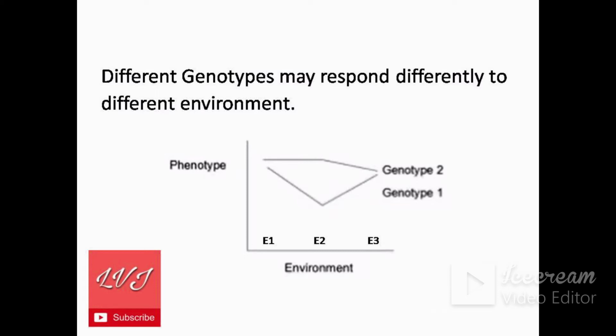So in this situation you can say that there is genotype environment interaction, and due to this interaction the phenotypic value of genotype 1 in environment 2 has been reduced.